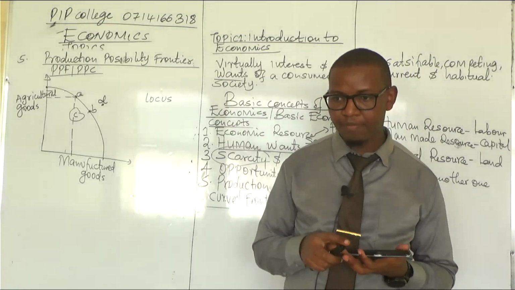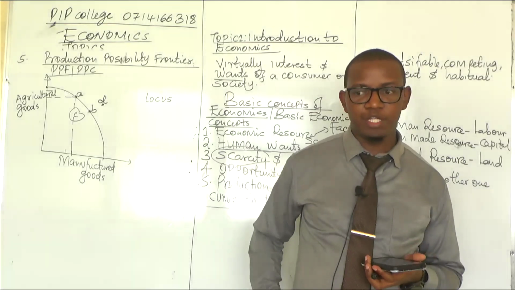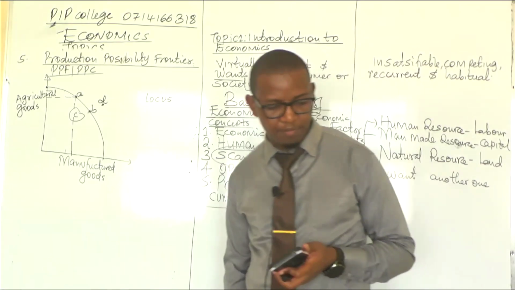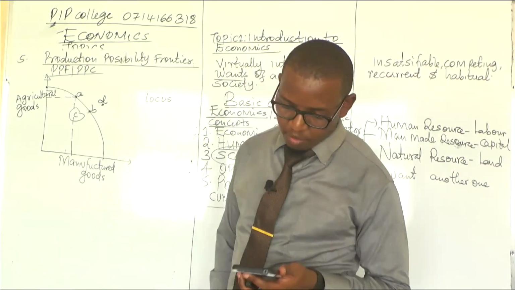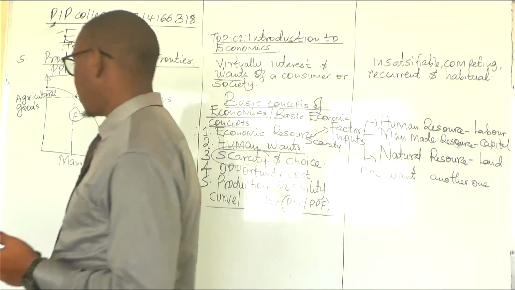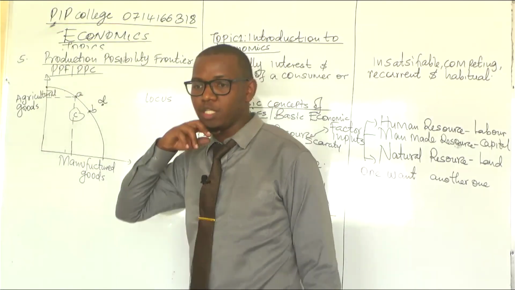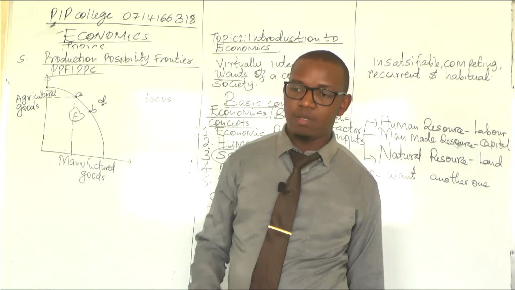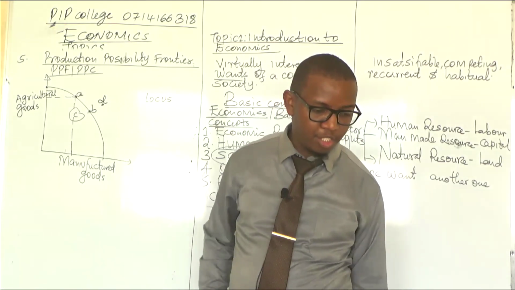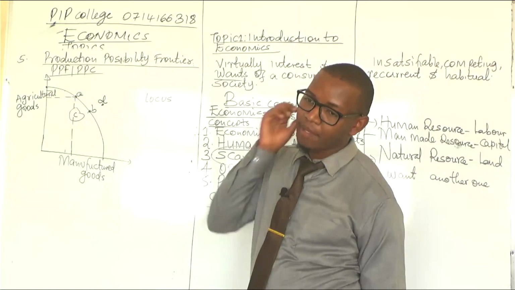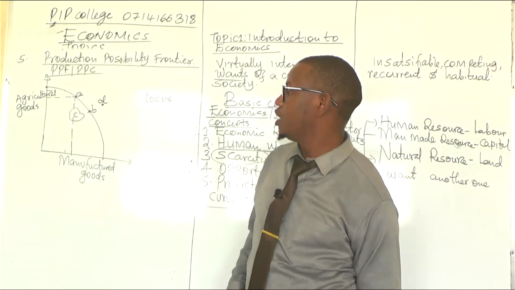Down there you write and say, the opportunity cost of producing either of the commodities is increasing.